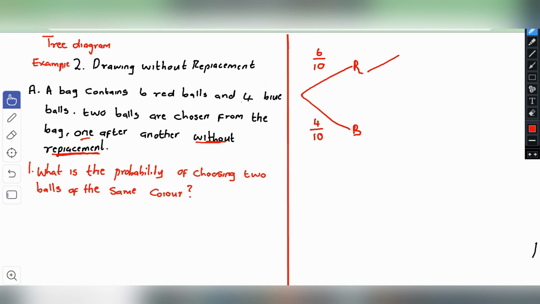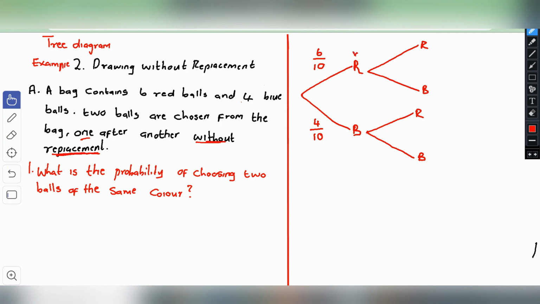Now the second branch. We are told that he chose that value without replacement, so the total number of the balls has changed. Now we have red here and blue, and red and blue, right? Because it's without replacement, and now we're on what?